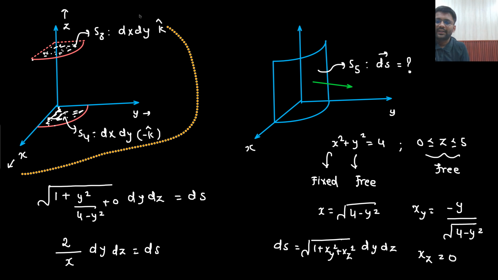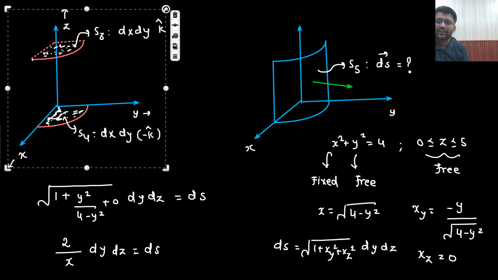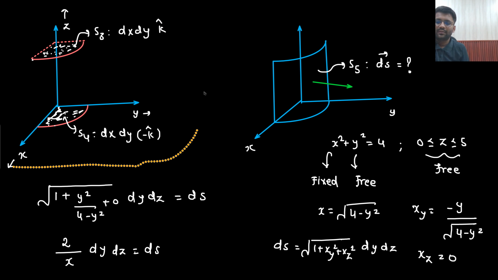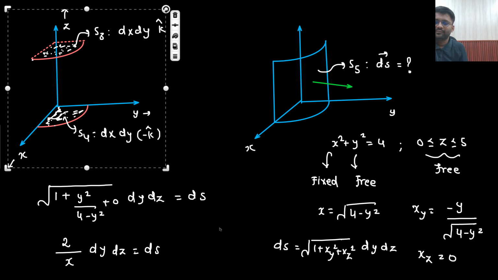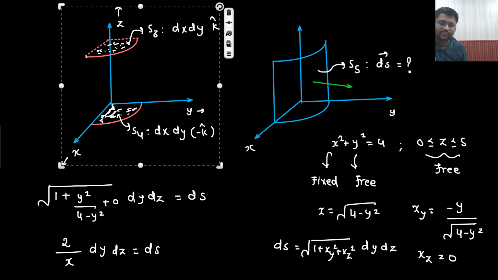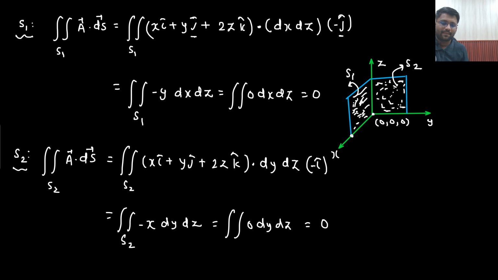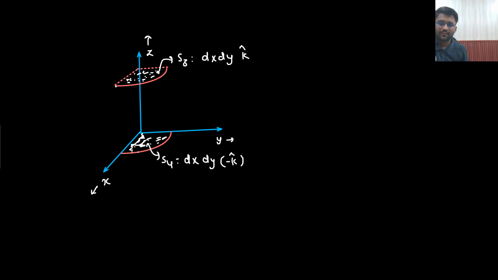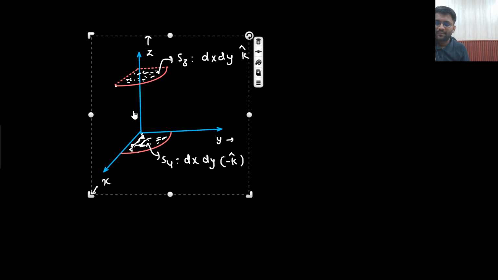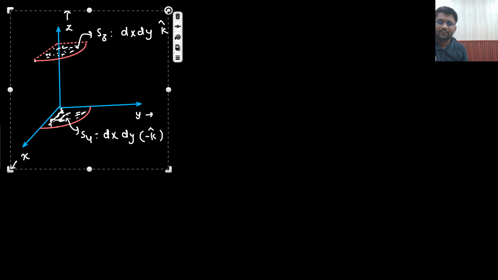So let me take this diagram and simply copy it there. Okay, so next, A dot ds, you are supposed to calculate for S3.